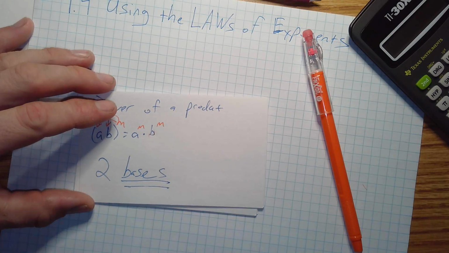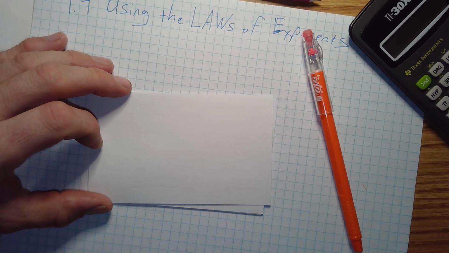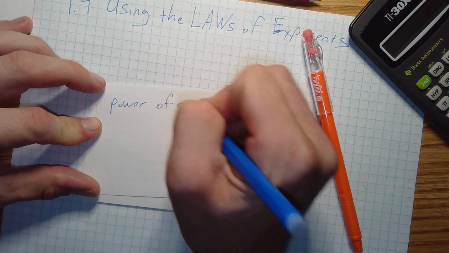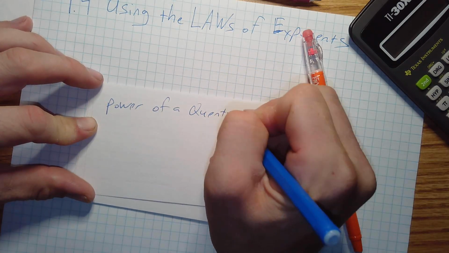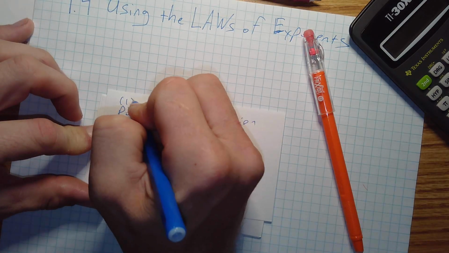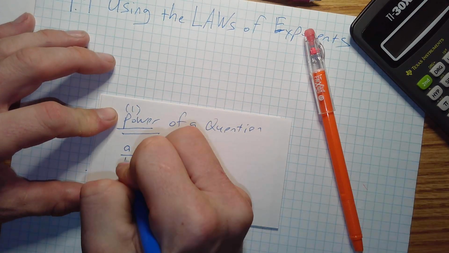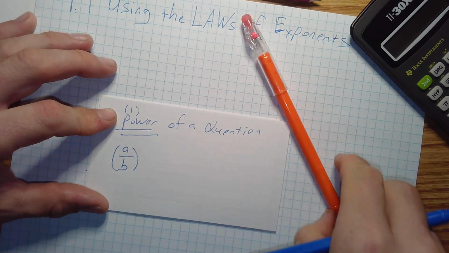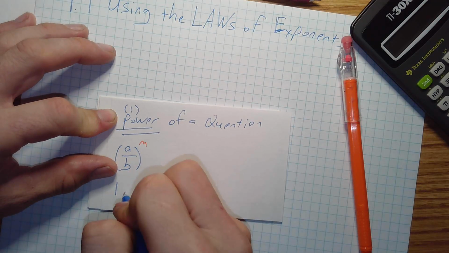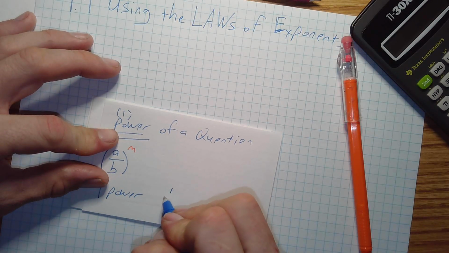Okay? And then we have the power of a quotient. Right, only one power, okay? So you have a quotient, an A divided by a B raised to a single power. One power, and the quotient is one thing divided by another thing.